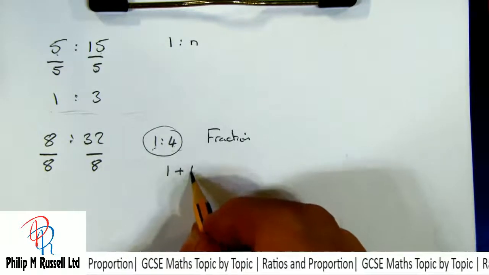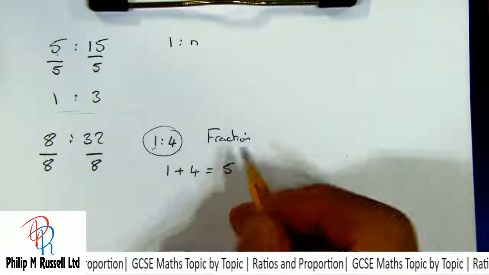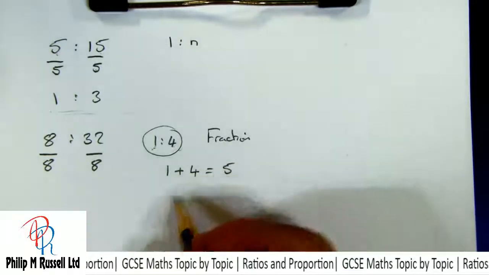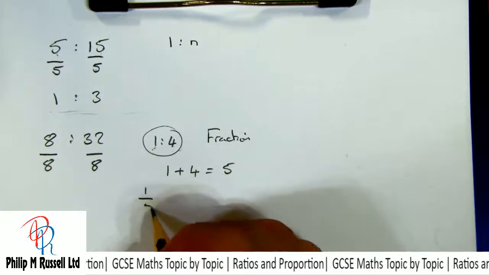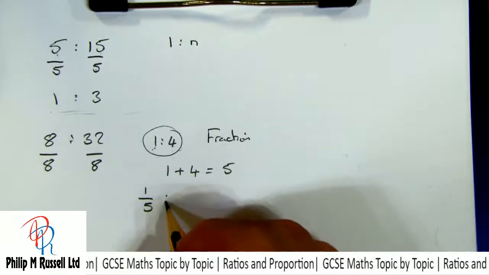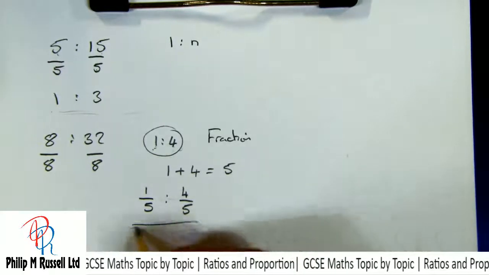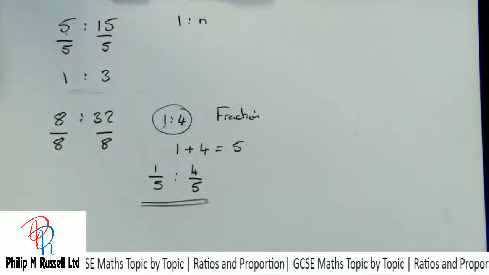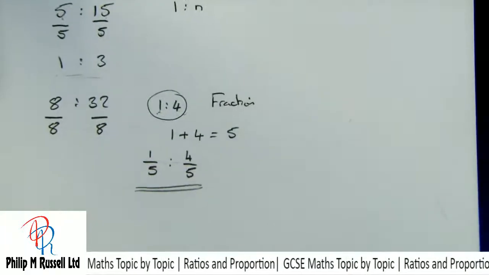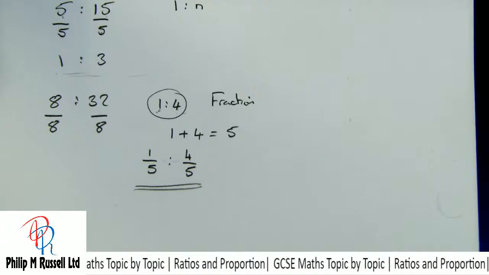So 1 plus 4 is going to equal 5, which is going to be our denominator, and then I've got 1/5 to 4/5, and that gives me a way of representing what we've got.